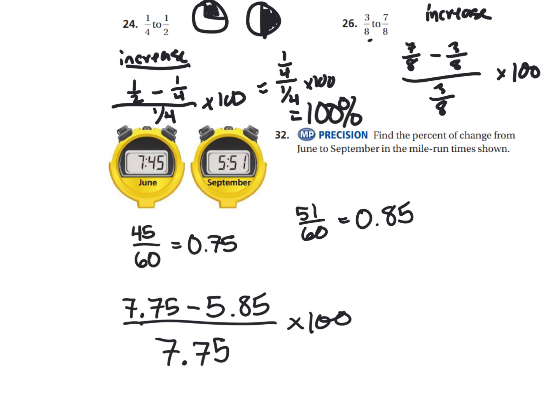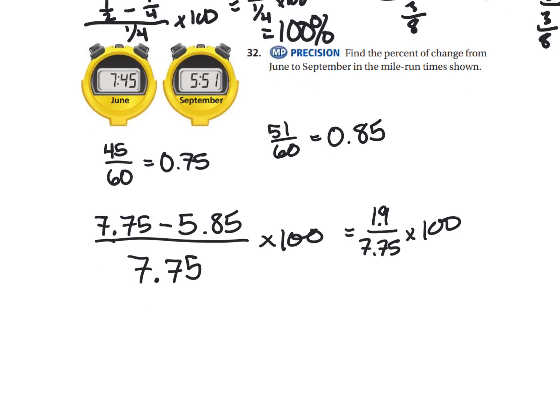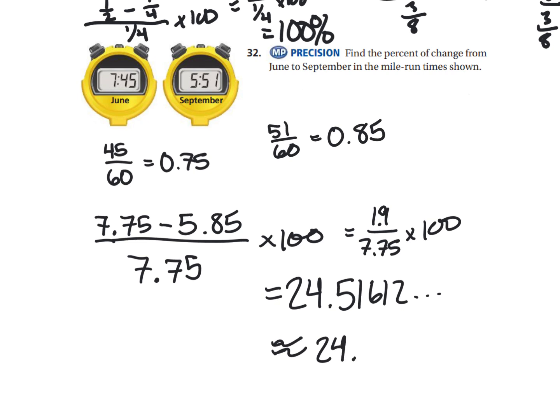So 7.75 minus 5.85 is 1.9, divided by 7.75, and then multiplying by 100 gets us a percentage of 24.51612, which we can round to approximately 24.5%.